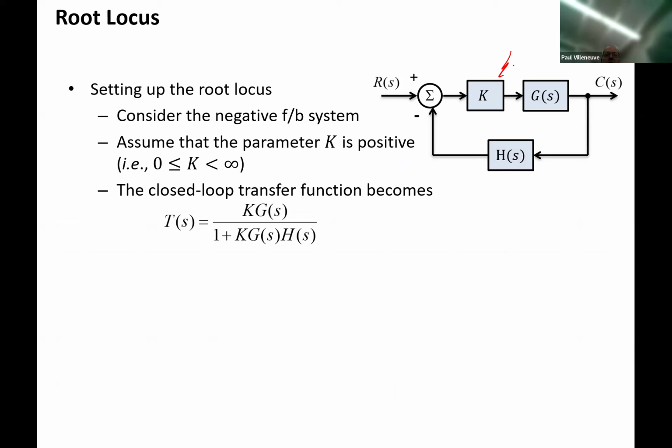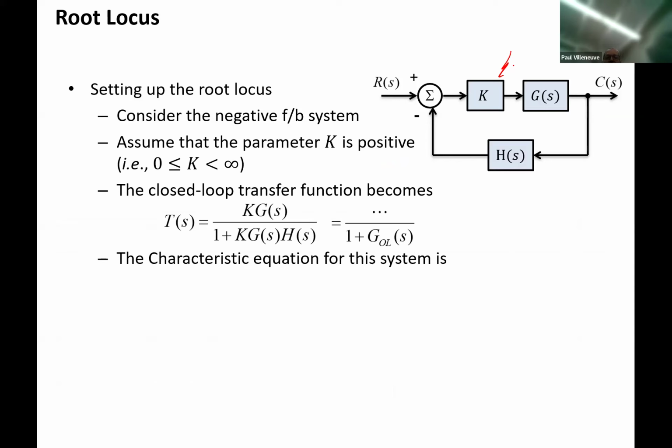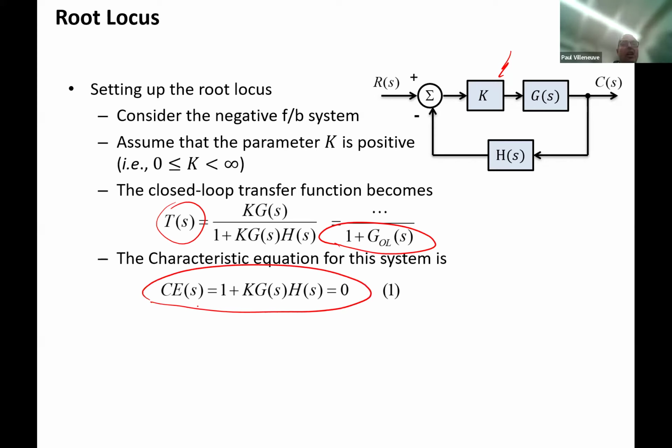So here's our closed loop transfer function with our value of k in there. That becomes 1 plus our open loop transfer function. And then our characteristic equation is only going to be based on 1 plus our open loop transfer function. We actually don't care about the closed loop transfer function. We only care about the open loop transfer function because this is our characteristic equation.